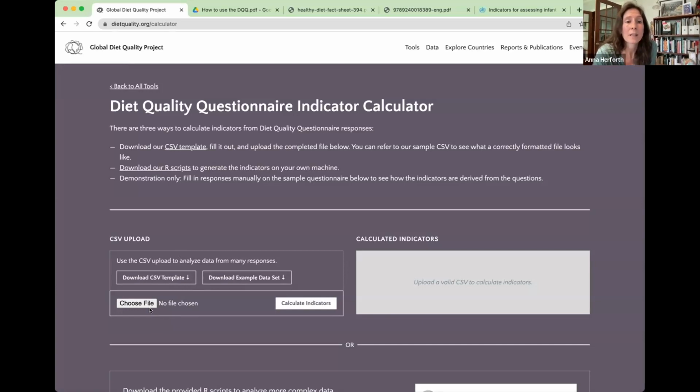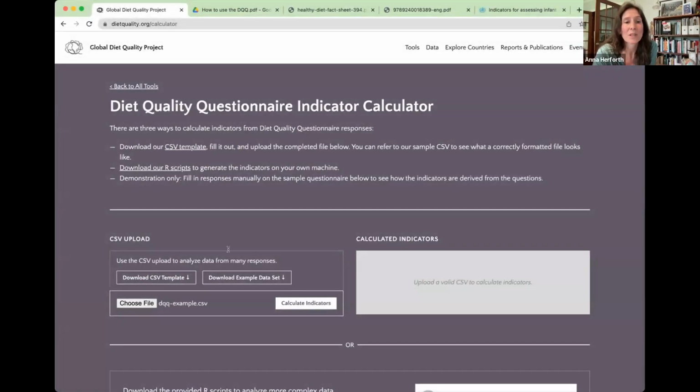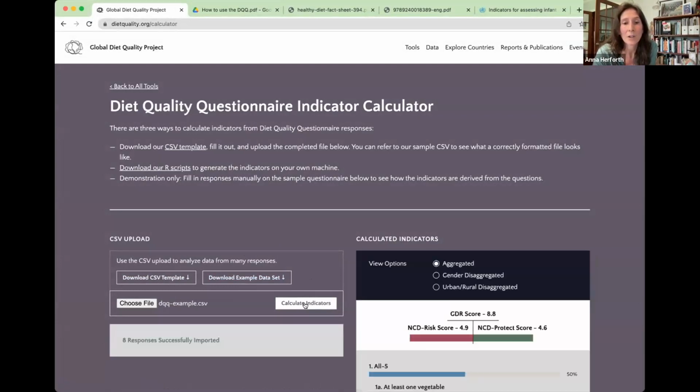And if you have done that, you can select here in the CSV upload section the file. And I'm just going to use the example because online you can experiment with this with the example data set. So I've uploaded here the example data set that's available, and click calculate indicators.